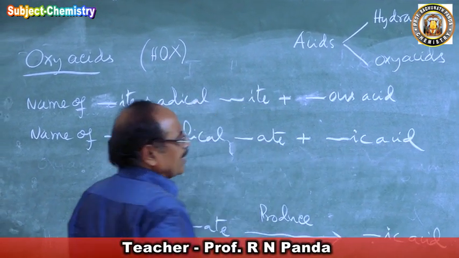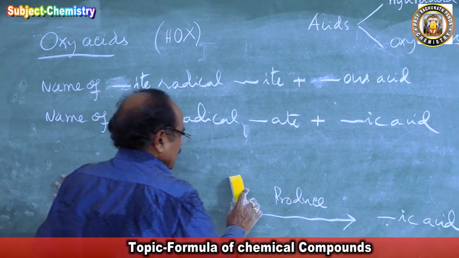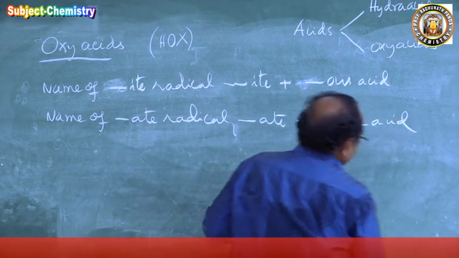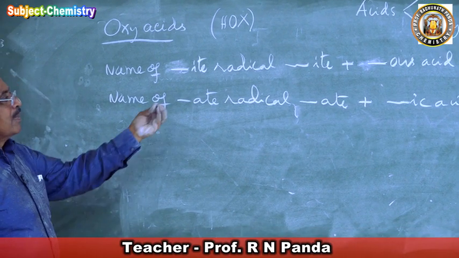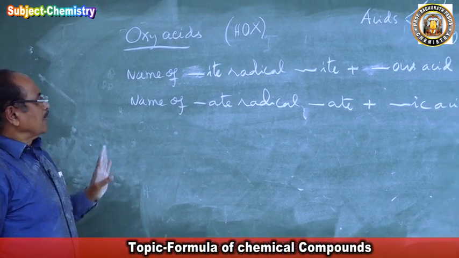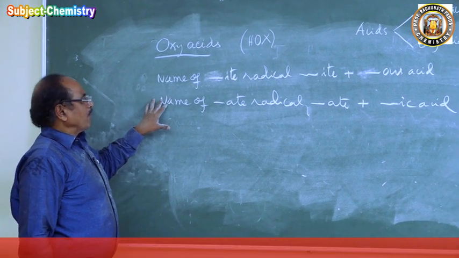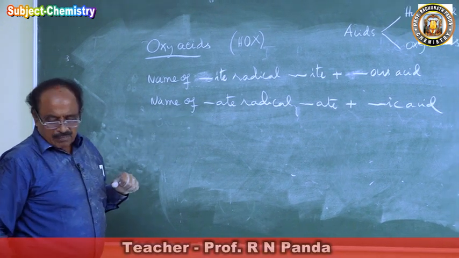So the whole chemistry you will be reading is just addition and subtraction. In physics you have addition, subtraction, multiplication and division, but in chemistry no multiplication and division, only addition and subtraction.